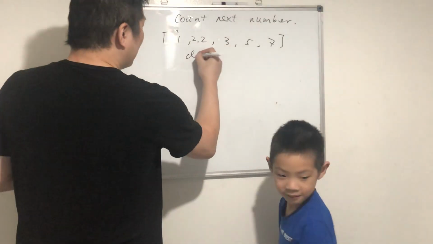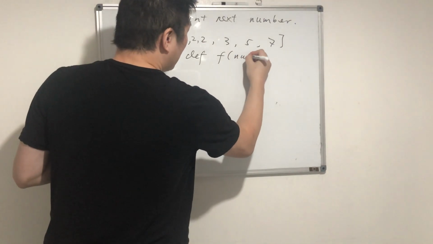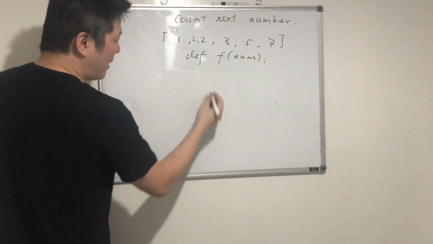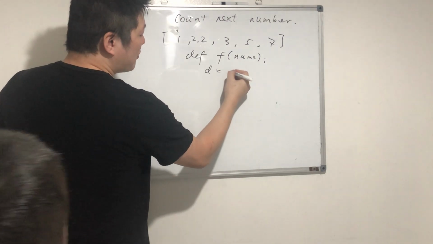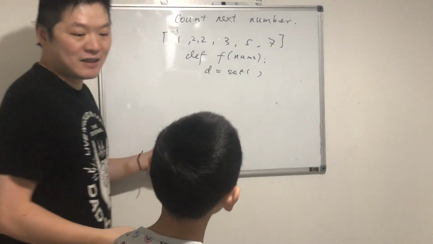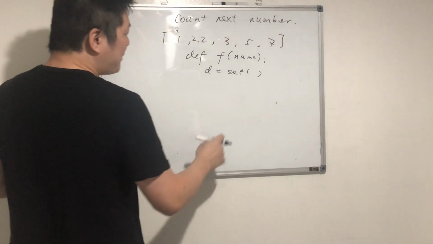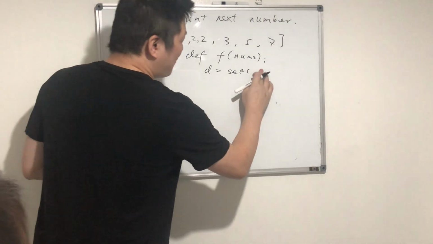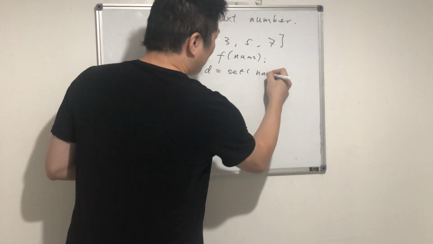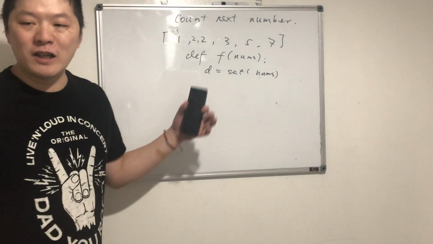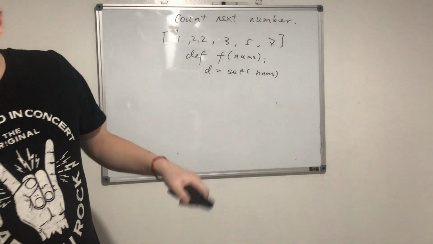Look, define f = lambda, a notebook column. Okay, let's call it D equals set. Remember set? Now we can just use a set and take a parameter nums. So we put all the numbers in the set, the notebook.